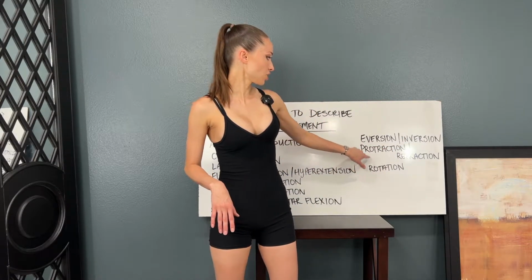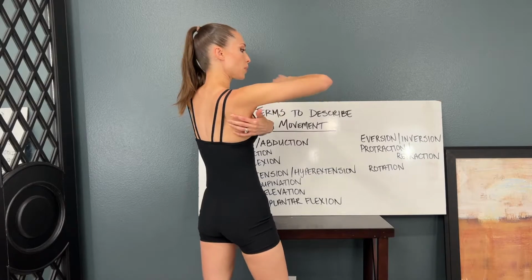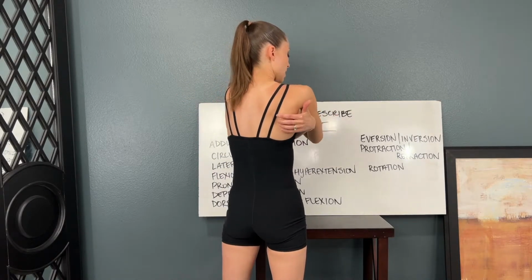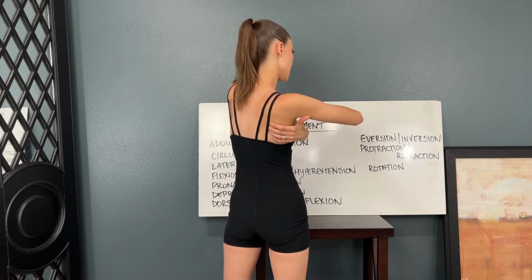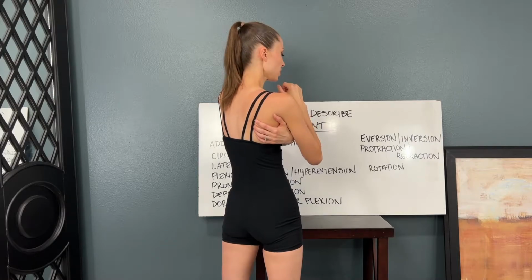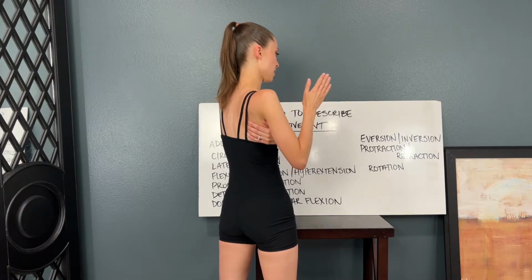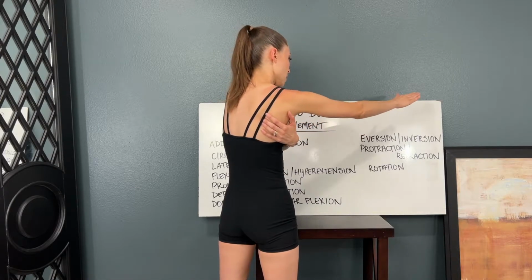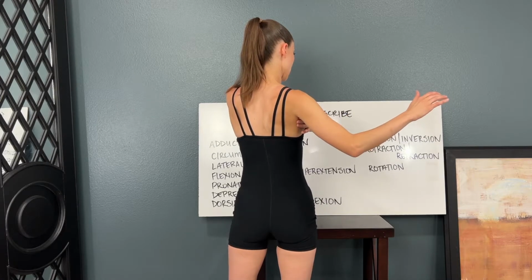Now, protraction and retraction. Definitely see this with the scapula, which is this bone right here. It's a flat bone, so you can see it better on some people than others. But this one helps with movement. Protraction is when you're moving it out, and retraction is when you're bringing it back in.